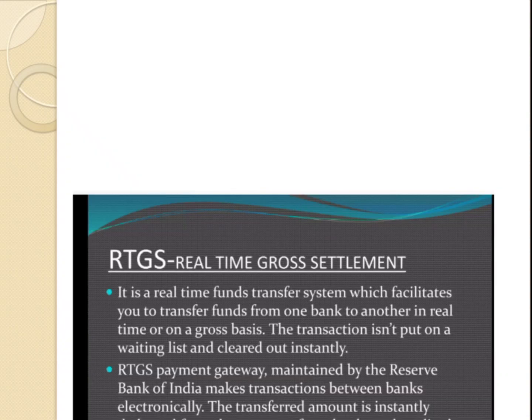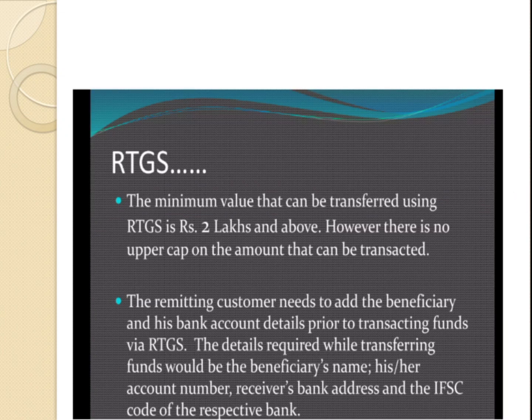Next, RTGS, real time gross settlement. Real time gross settlement is also used to transfer funds from one bank account to another on a real time or gross basis. The main difference between NEFT and RTGS is that we can transfer 1 rupee in NEFT, but we cannot transfer 1 rupee in RTGS.